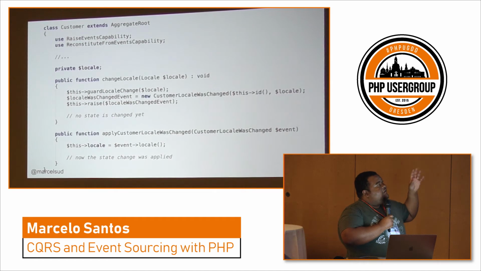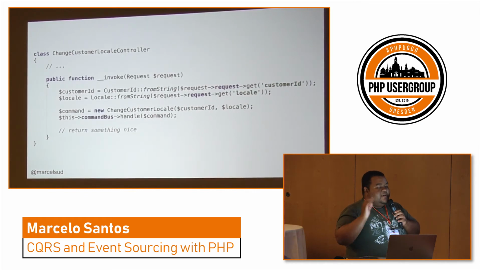Imagine there was an email being sent, like, welcome to Germany, now that you moved from France to Germany. If I replay all the events, I'll send all the emails again. So no side effects can happen in the command part, in the write part. And that's why I need the separation, to apply that.